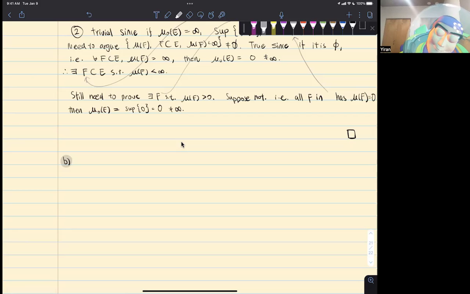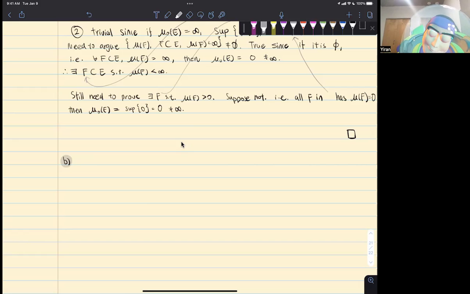Okay, so we want to define this for every J. And then let's notice something. Mu naught of E is equal to the supremum of mu of f, where f is a subset and mu of f is finite.